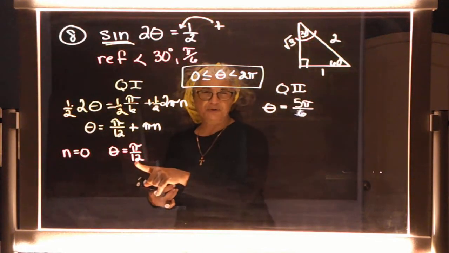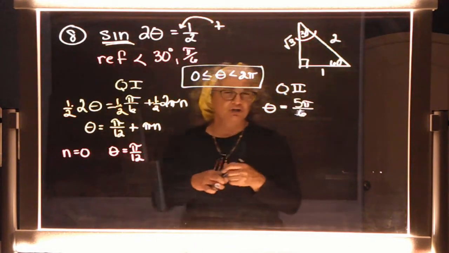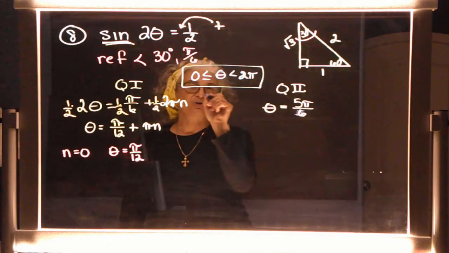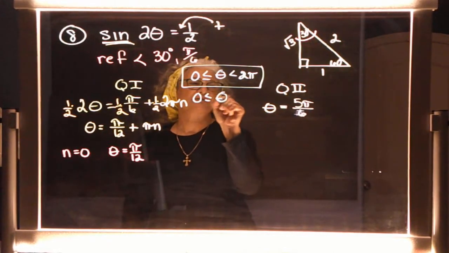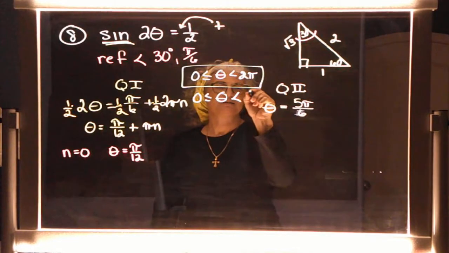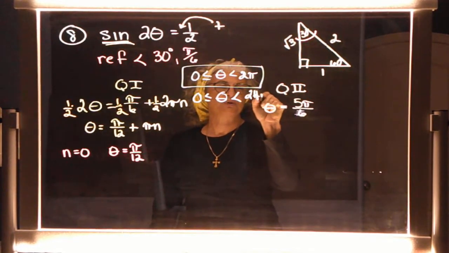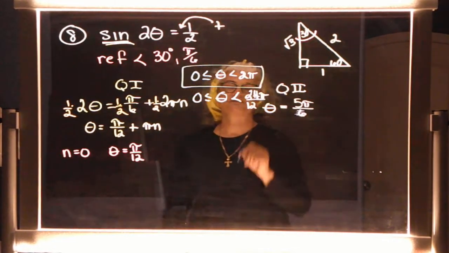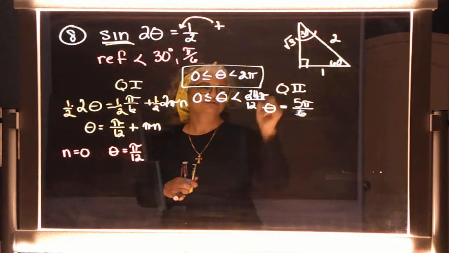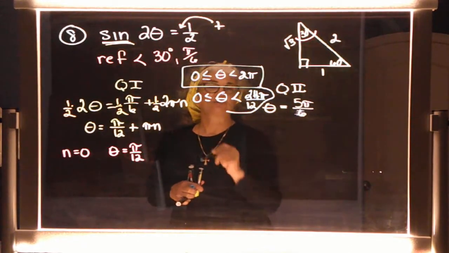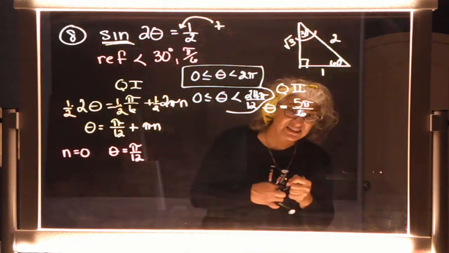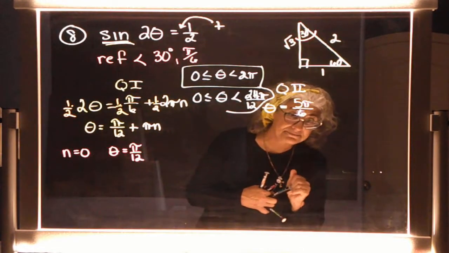My denominator is 12, isn't it? So get those common denominators. Doesn't 2 pi equate to 24 pi over 12? Yeah. So if I go over 24 pi over 12, then we're done, right? Okay.